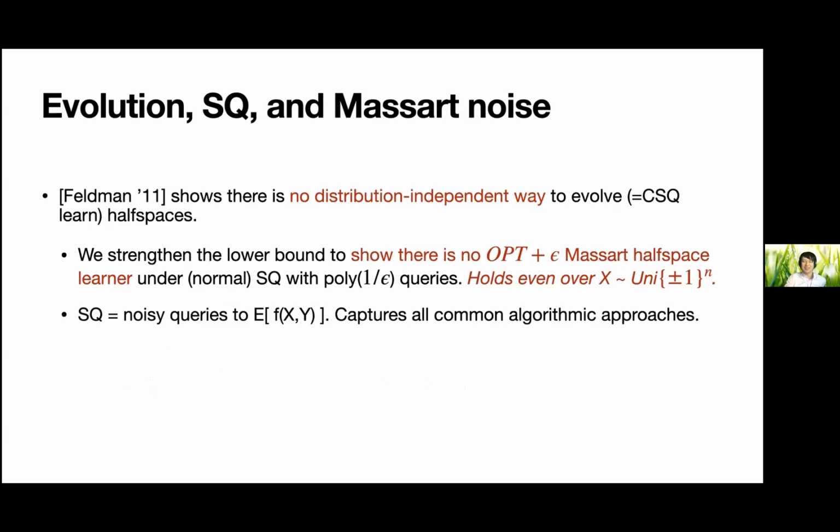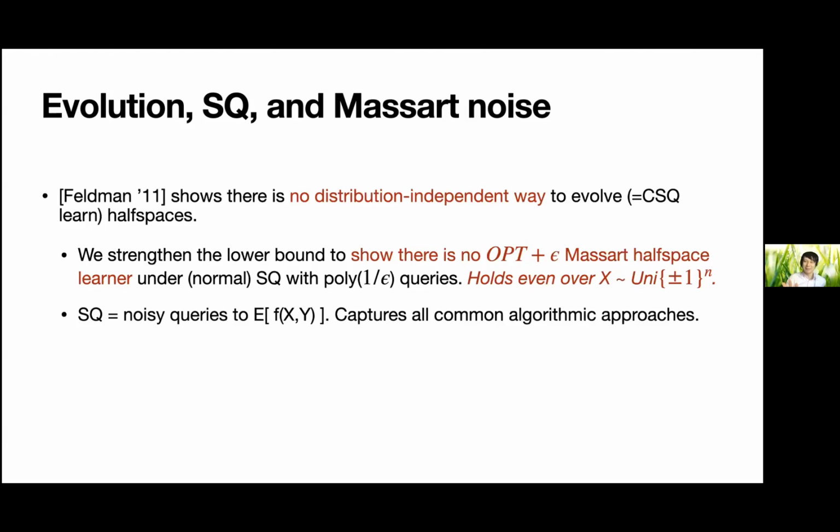Confusingly, the definition of SQ is very similar. You get to make queries of the form expectation of f of x, y. Now f can depend arbitrarily on x and y. It turns out that that's a much more powerful class. If you work through examples, it captures all the proposed approaches to solving Massart half spaces, all the things people did in the past with distribution-dependent algorithms.